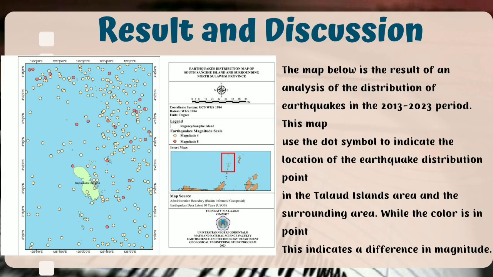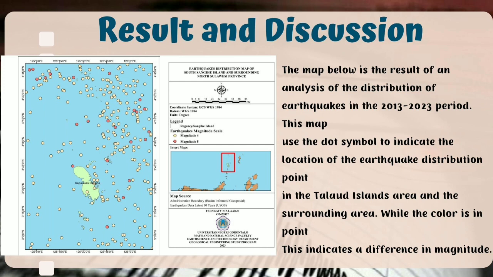Okay, next, let's go straight to the core of our discussion today, namely the results and discussion. The map shows the distribution of earthquake points in the Talaud Islands from 2013 until 2023.